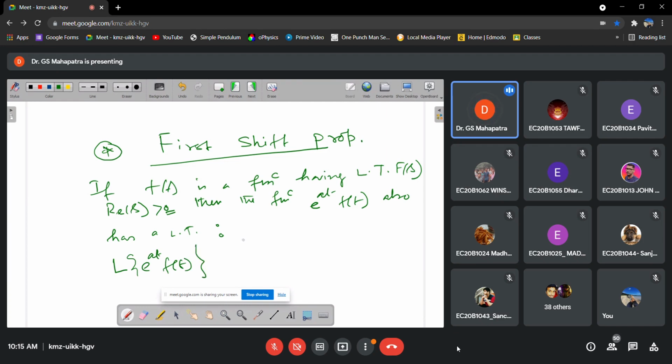Let us consider f of t equals t square, or f of t equals t. Just a few minutes back you already told that the Laplace transform of f of t equals t is 1 by s square. So now t into e to the power at, what will be the Laplace transform?